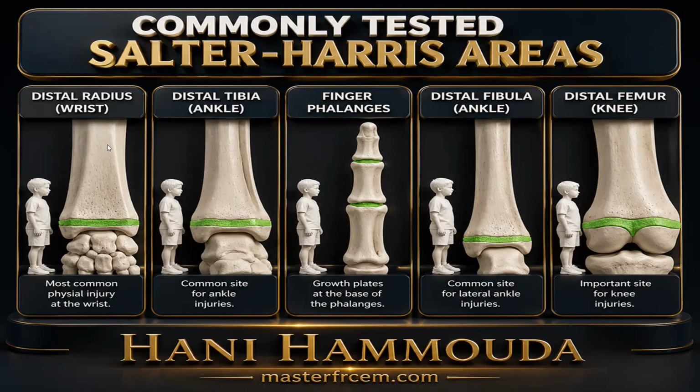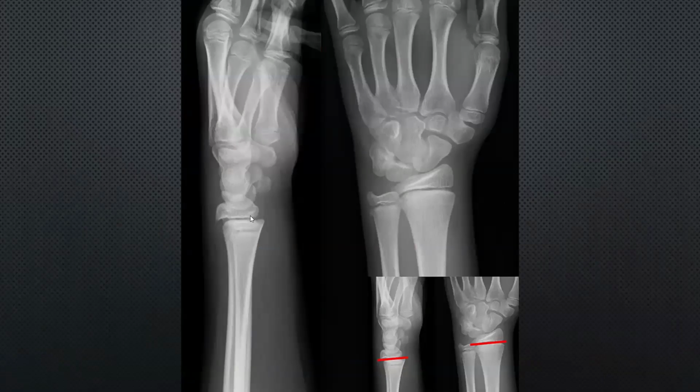Any pediatric patient who has pain in the wrist, you can expect a distal radius fracture. In the ankle, you can expect a distal tibia fracture. In the fingers, you can expect a phalanx fracture. Clear?